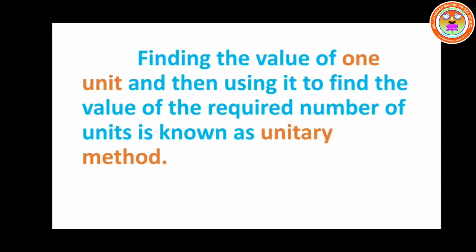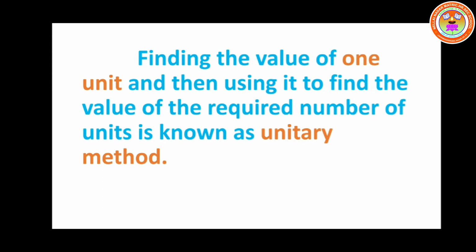So that is the first one. That is the definition they have given. Finding the value of one unit and then using it to find the value of the required number. In case they had given you the cost of 5 pens is rupees 50, find the cost of 10 pens. So what will you do? First you should know the cost of 1 pen.